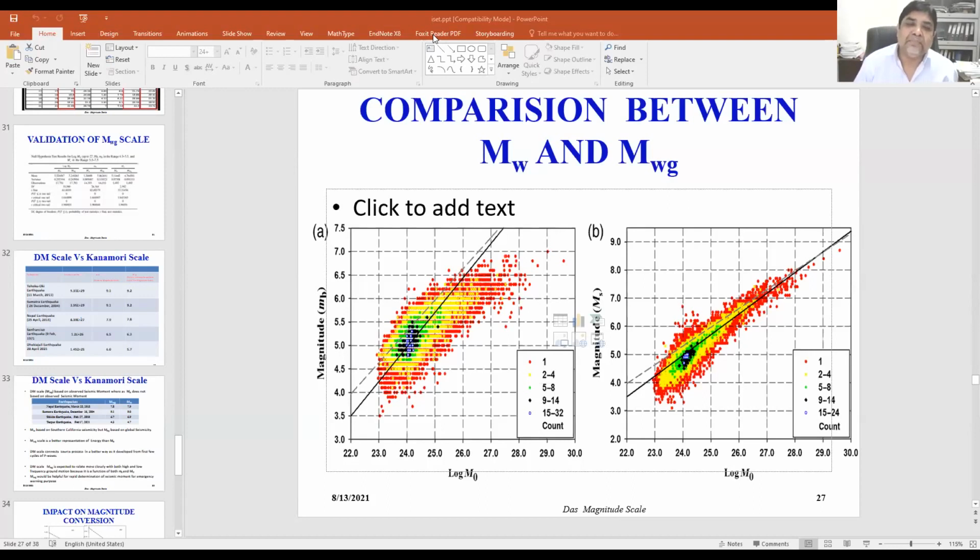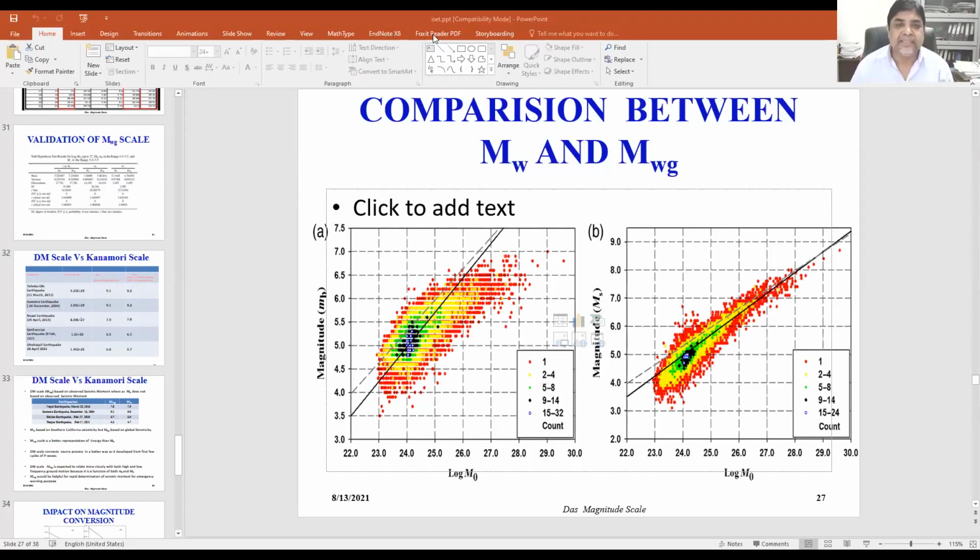So I request all the audience that this is one of the finest things which Ranjit has given, this MWG scale, and I respect it. We request you to kindly make use of this so that people start using this outside also.